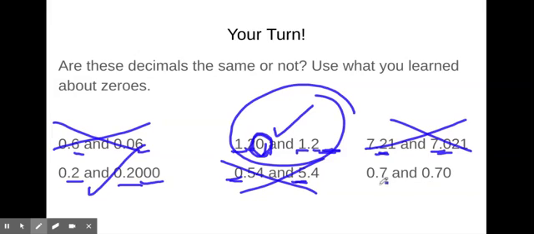For our last one, we have 7/10 and 70 hundredths. 7/10 has a 7 in my tenths place. 70 hundredths also has a 7 in my tenths place. 70 hundredths has a 0 in the hundredths place, and 7/10, well, it has nothing in the hundredths place. Nothing and 0 are the same thing, so we could say that these two are equivalent.